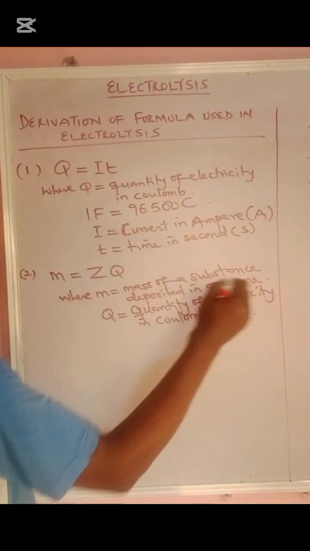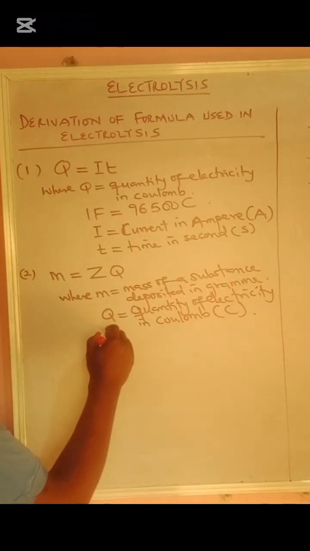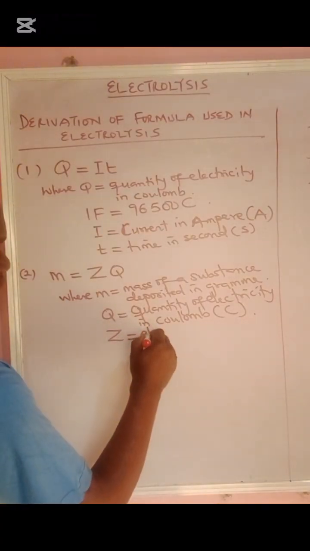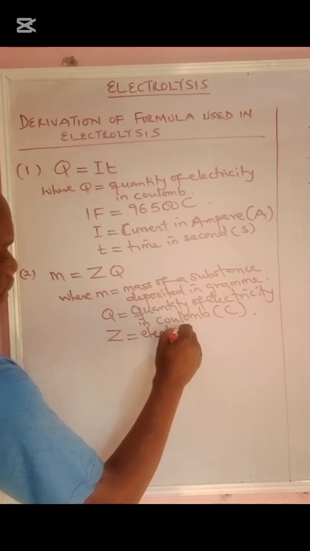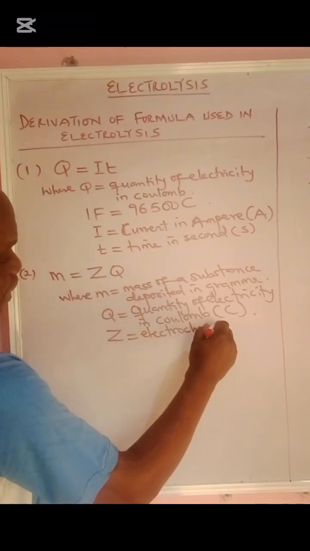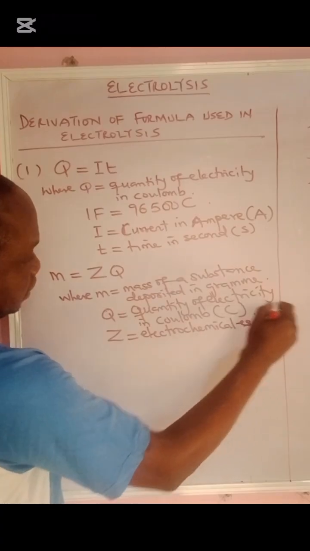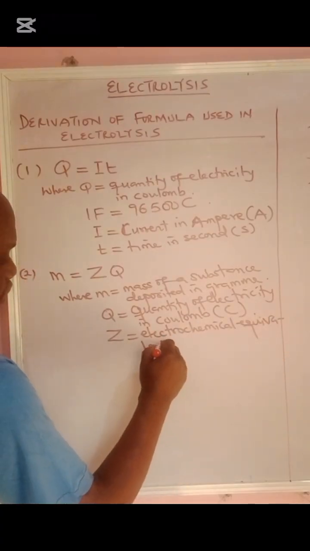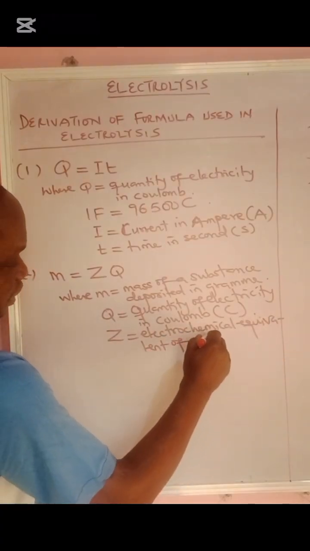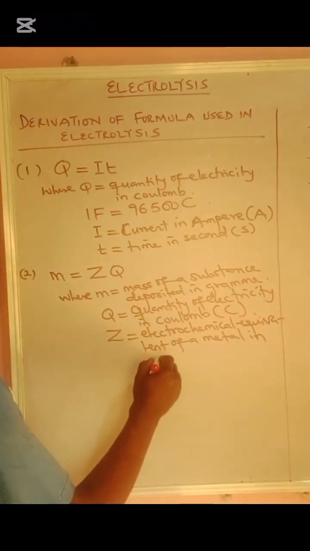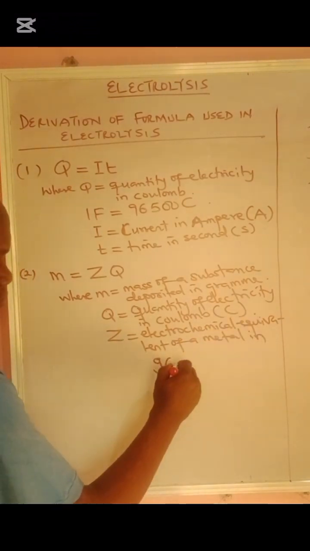That is capital C. While Z is equal to, we call it electrochemical equivalent of a metal. And you know the unit, usually in gram per coulomb.